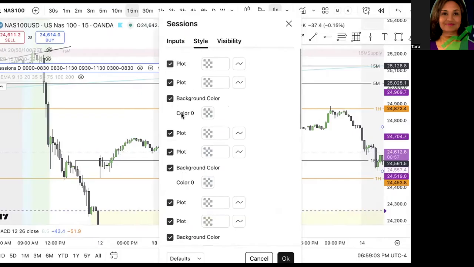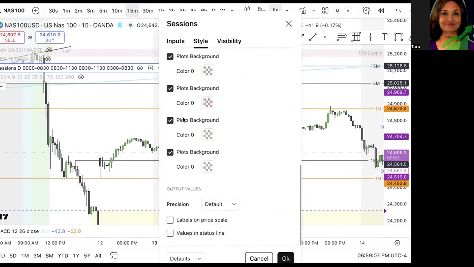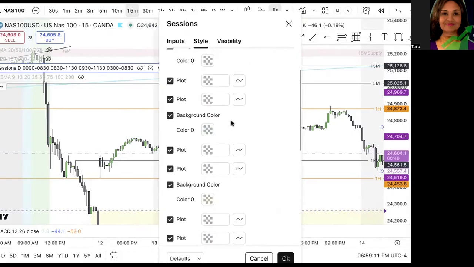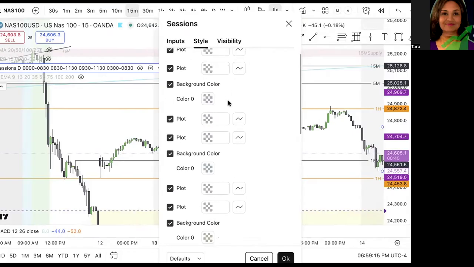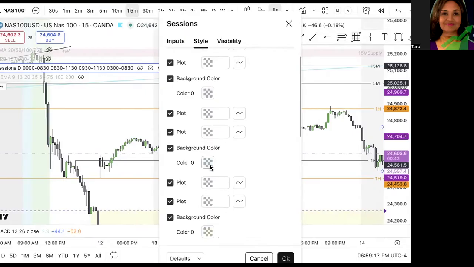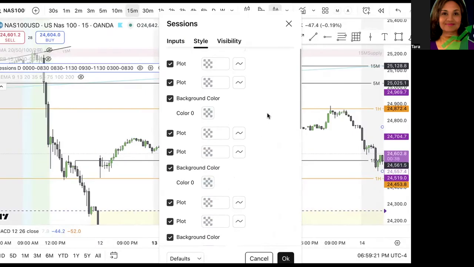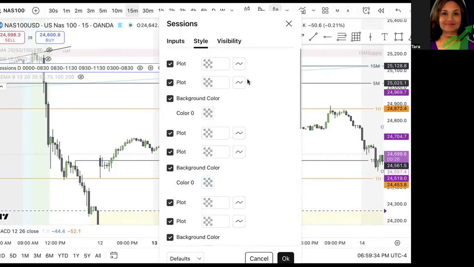I have all these marked like this. And what I'll go through is I'll highlight each of these colors. So I've got black there. And you can see the thickness, the line style, and plot 2, similar.